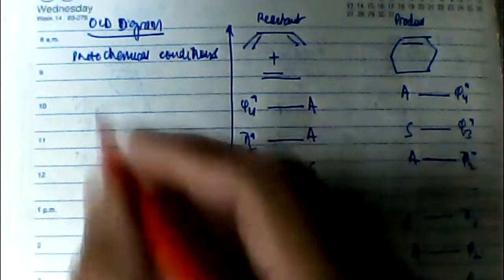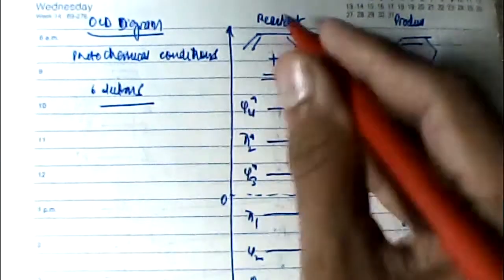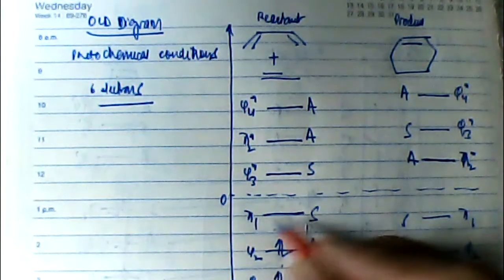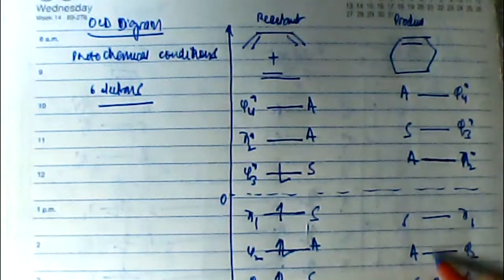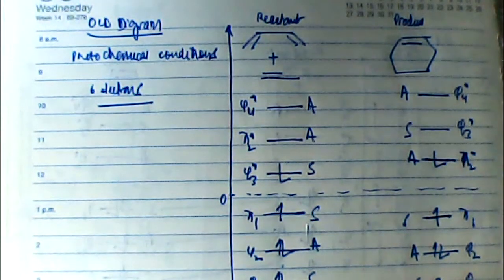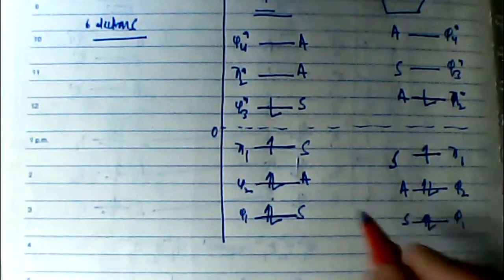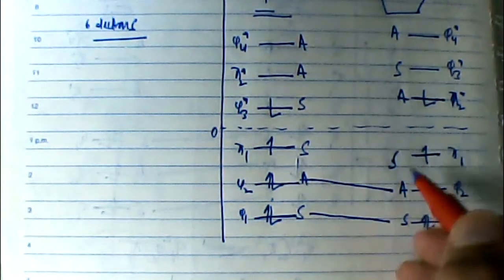Now under photochemical conditions, I have to accommodate 6 electrons of the reactants and 6 electrons of the product. The 2 electrons of the HOMO would jump and come here. Again, 1 electron of the HOMO of the product will jump and come here. While considering photochemical conditions, remember we check the correlation up to the first excited state. S matches with S, fine. A with A, fine. S with S, fine.